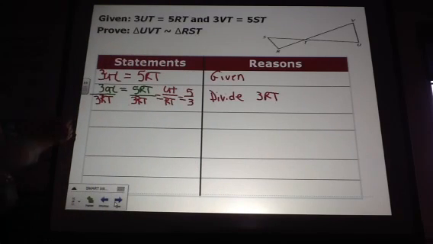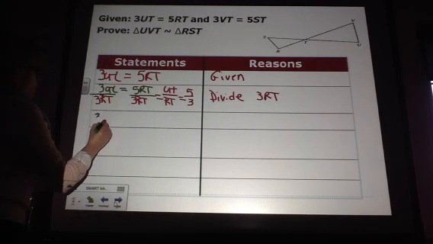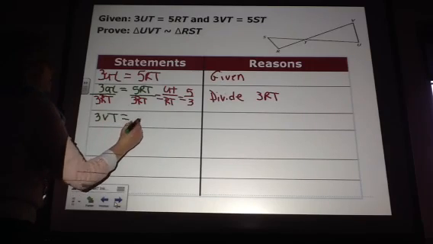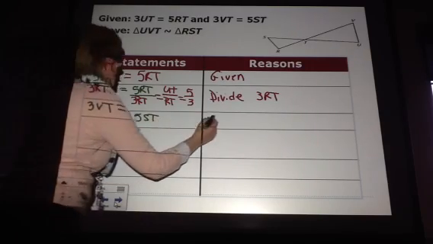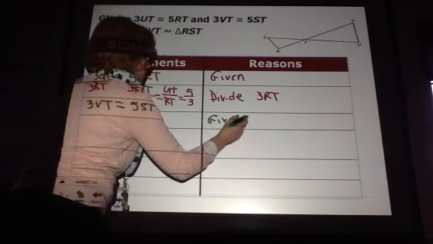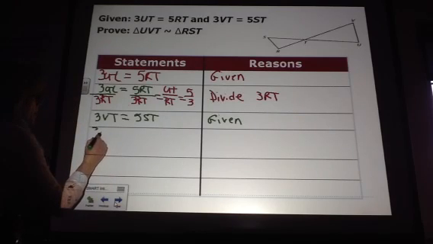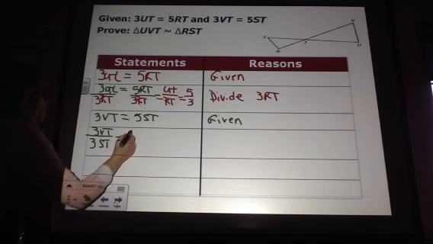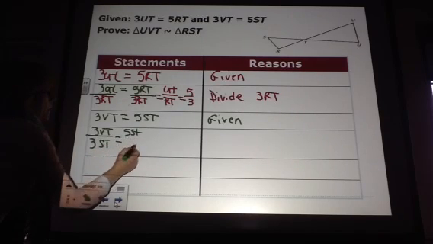Okay, then let's start with the second part that's given. 3VT equals 5ST. That is given. So again, I'm going to take 3VT and divide by 3ST. 5ST and divide by 3ST.